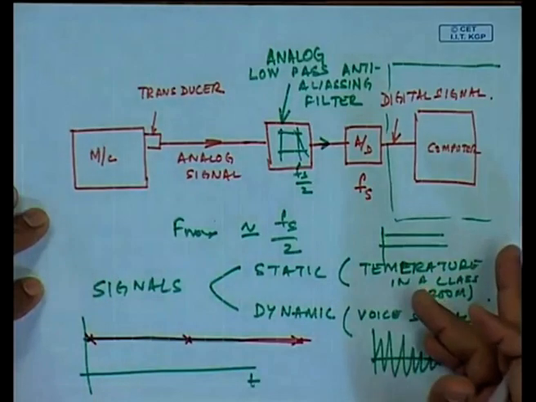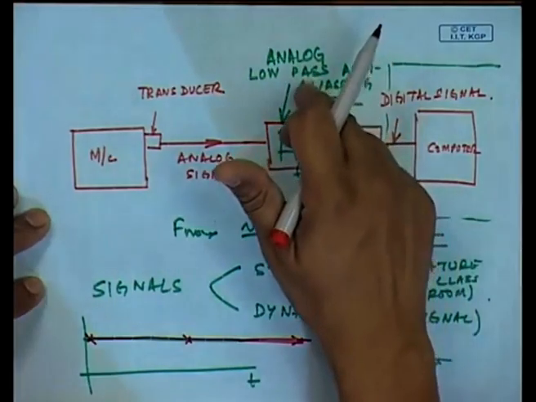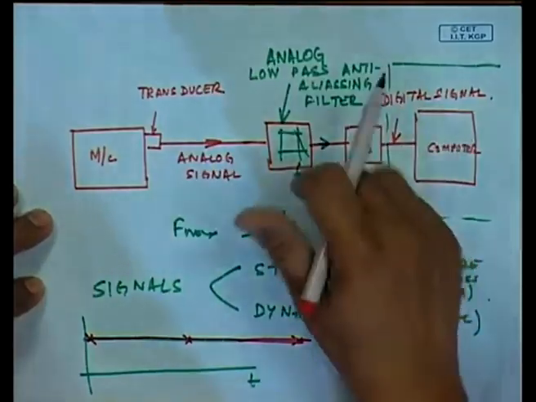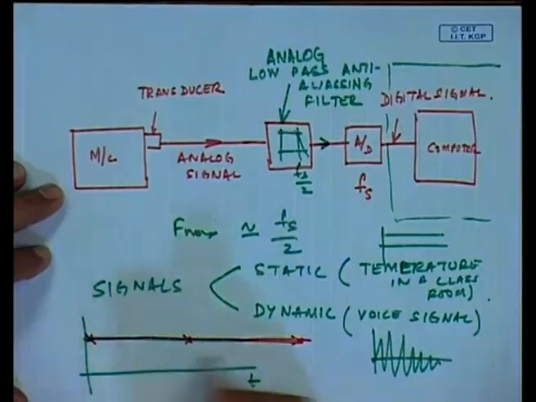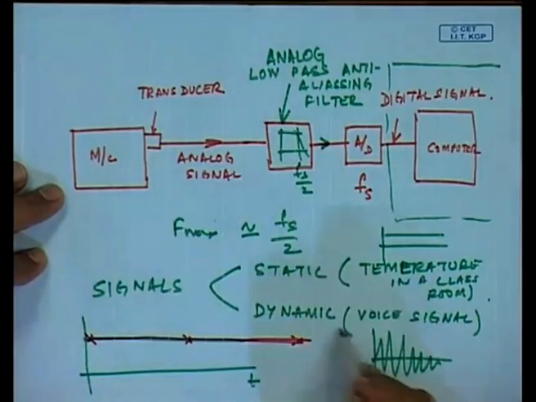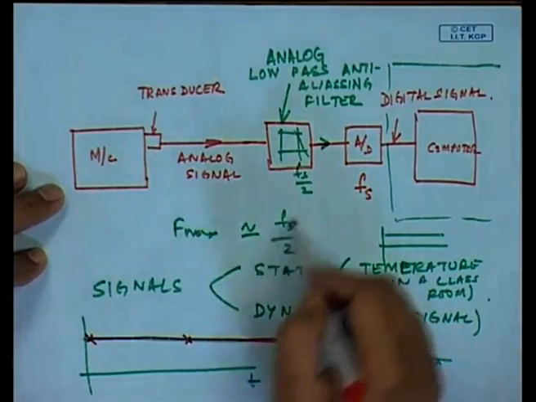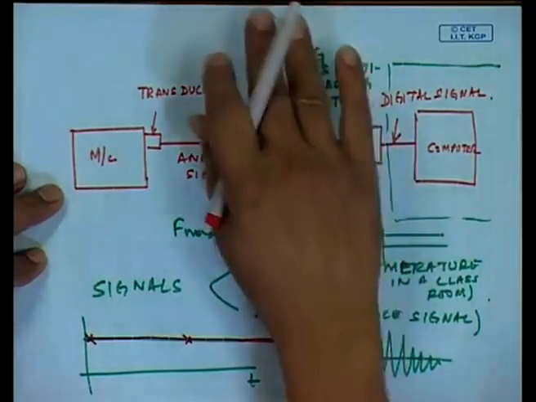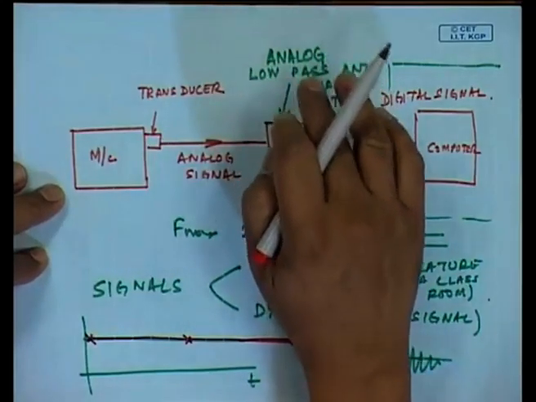So, temperature signals need not have a low pass anti-aliasing filter, unless of course, the process is such that the temperature is changing very fast, the pressure is changing very fast. For example, the combustion pressure inside an engine, it is fluctuating. Those are dynamic signals, vibration signals, noise signals. So, in such dynamic signals, I have to be careful that aliasing is avoided, and I need to have a low pass anti-aliasing filter.